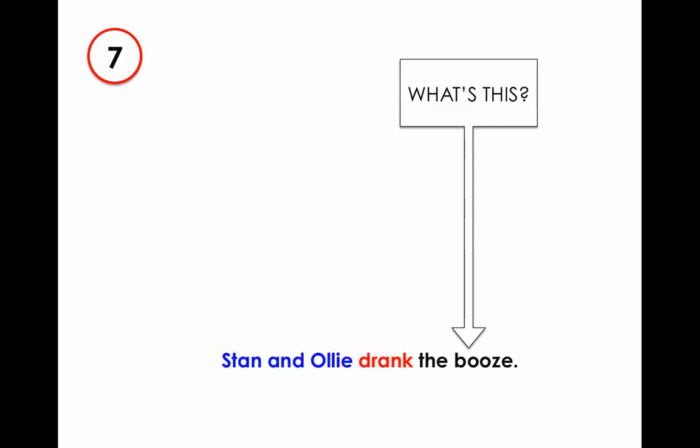Stan and Ollie drank the booze. I can ask, what did Stan and Ollie drink? The answer is the booze. And that makes the booze the object of this sentence. So the booze is an object for the verb drink.